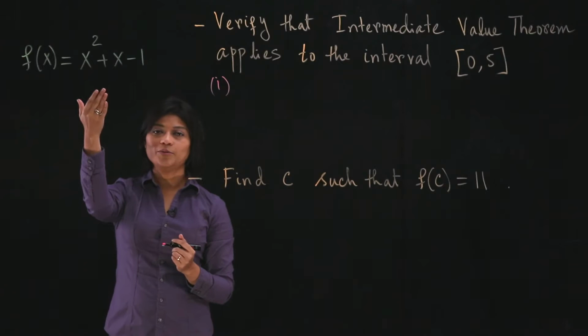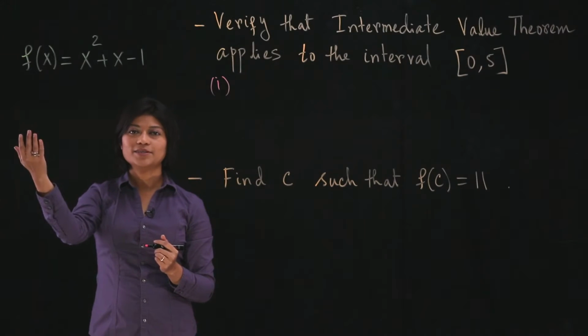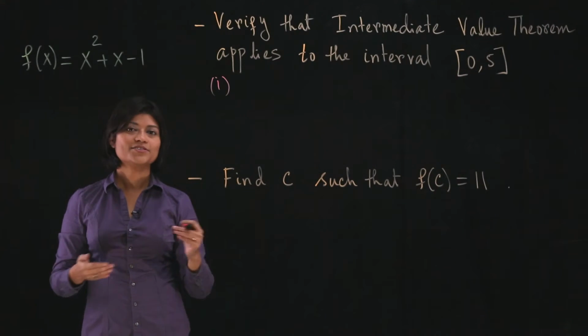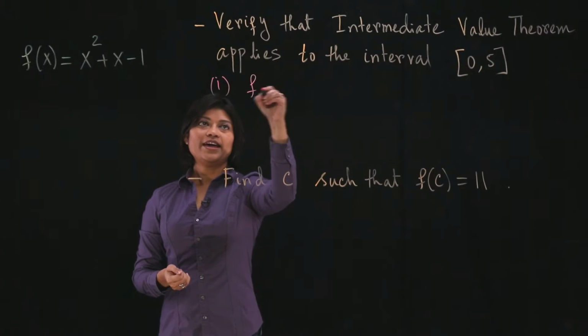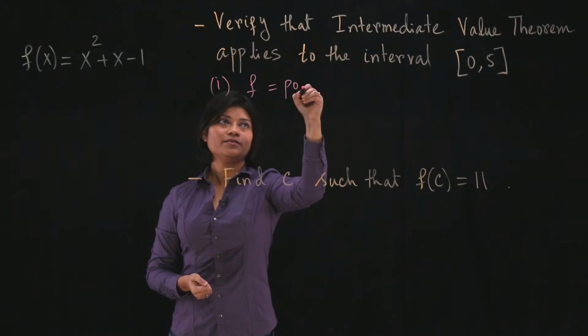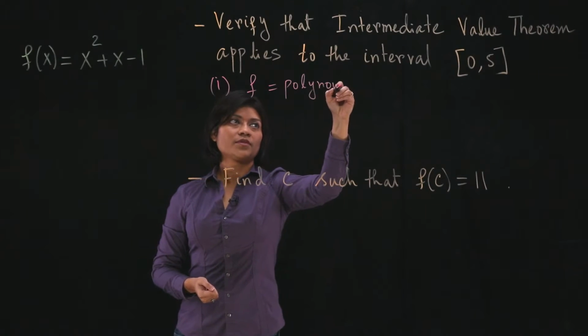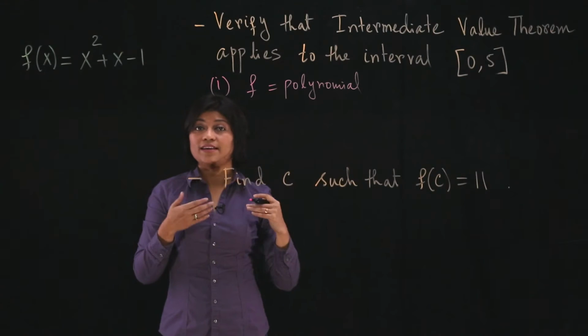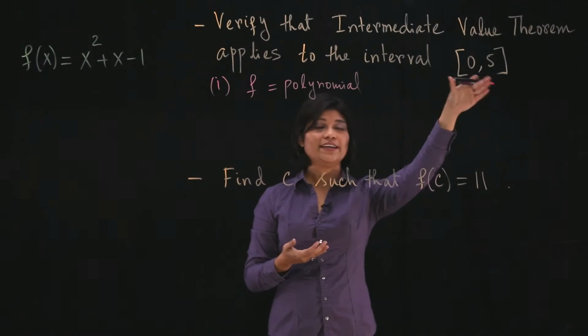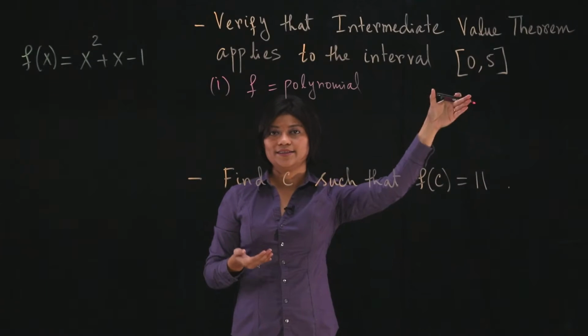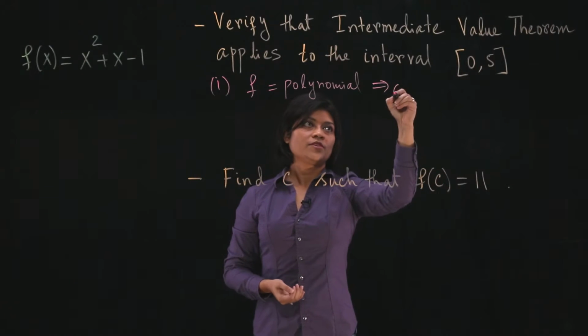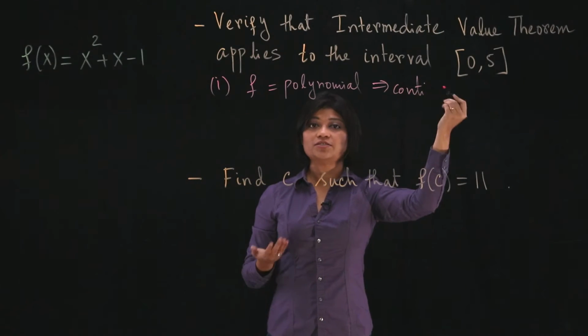So since this is a polynomial, we know it's continuous everywhere, right? So f is a polynomial and therefore it's continuous everywhere, and in particular it is continuous inside this interval. So that first condition checks.